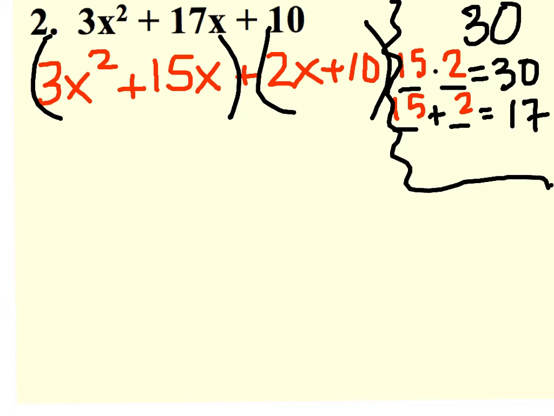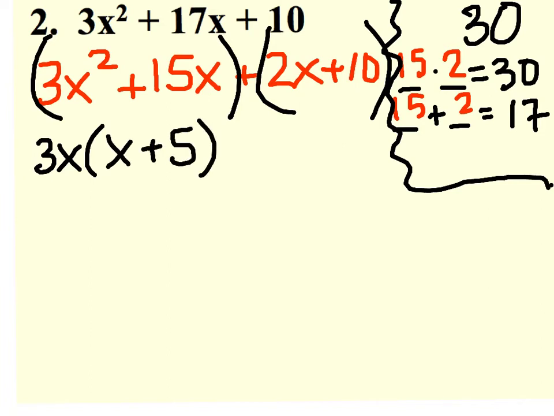And in fact, I do. My greatest common factor of 3x squared and 15x is 3x. So I can factor out a 3x. When I do that, I divide each term by 3x, so I'll be left with x plus 5. So I just factored this first binomial into 3x times x plus 5.